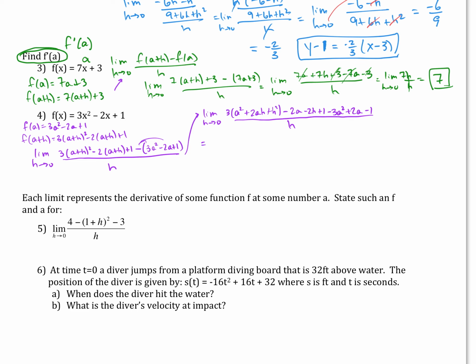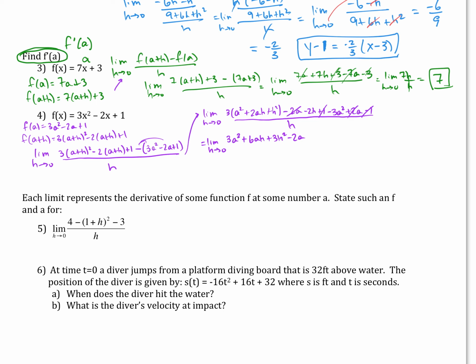So now this becomes the limit as h goes to 0, and this is going to be 3a squared plus 6ah plus 3h squared minus 2a. Well, we can do this right now. We can get rid of these, right? And then, so that's gone. And then we can get rid of those, so that's gone.